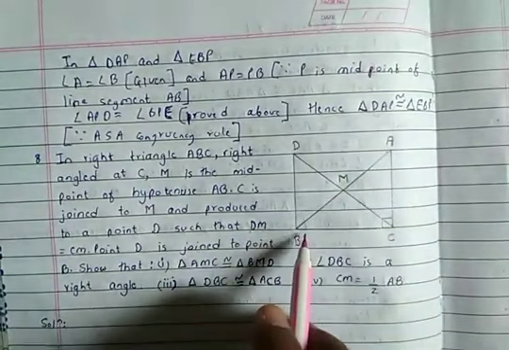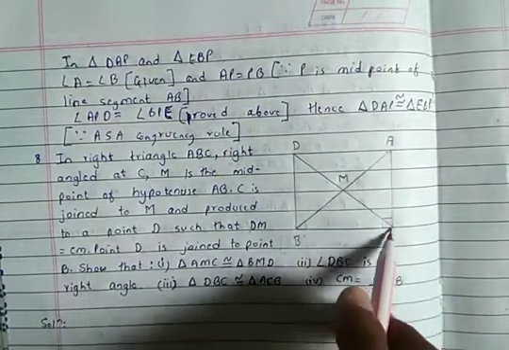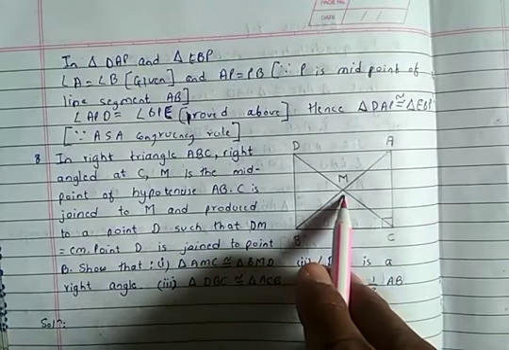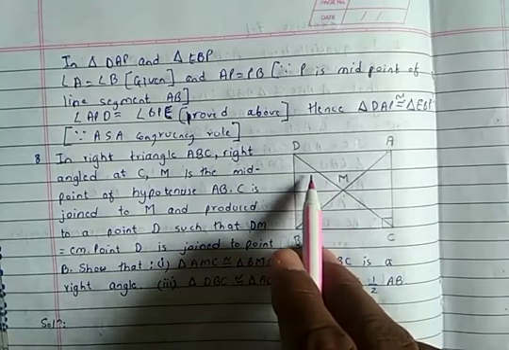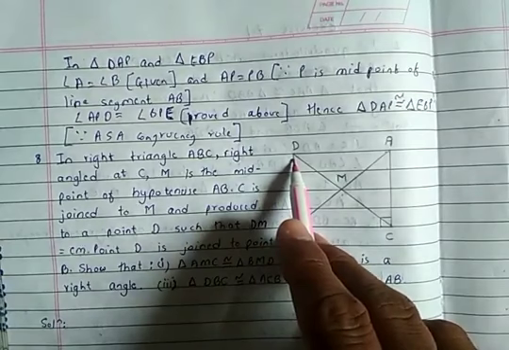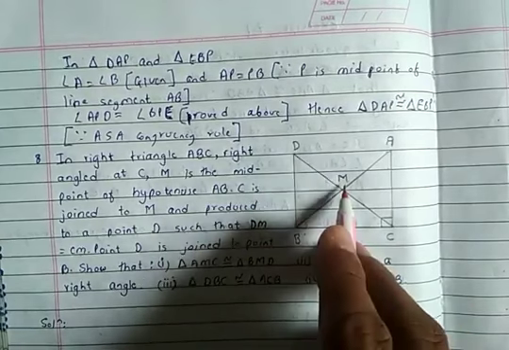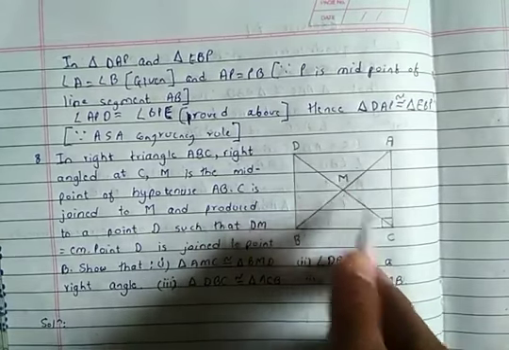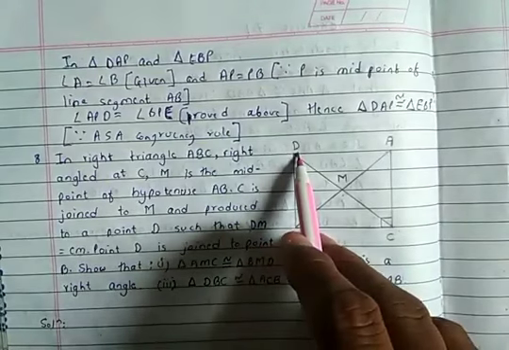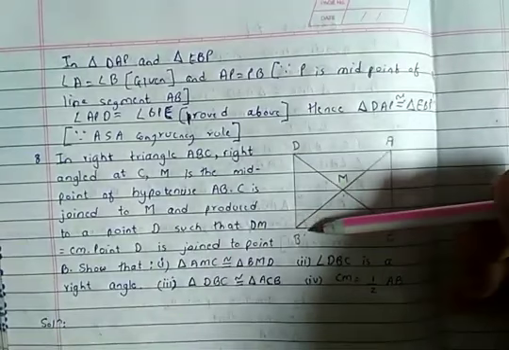AB is the hypotenuse of triangle ABC. And it is produced further to a point D such that DM distance is equal to distance CM, right? And D is joined to point B, right?